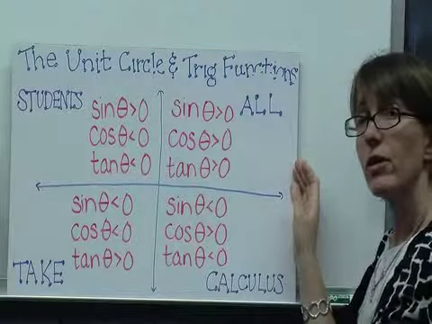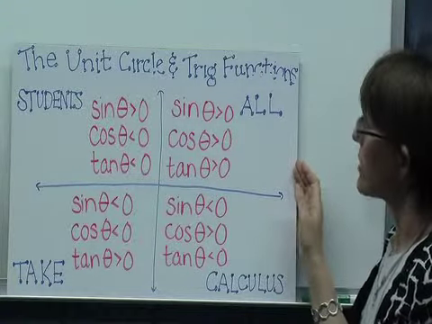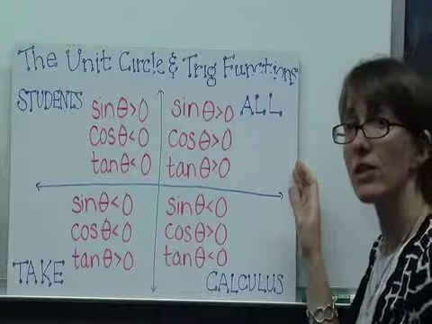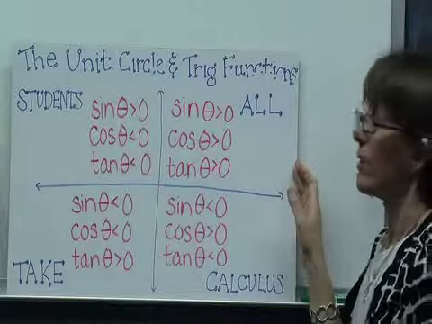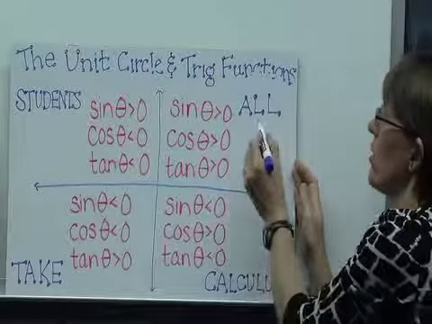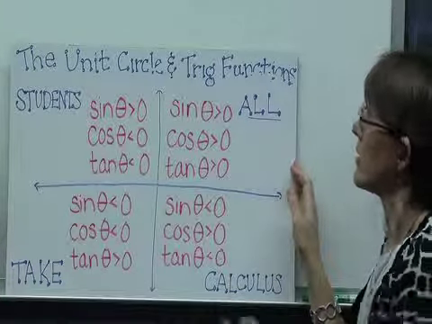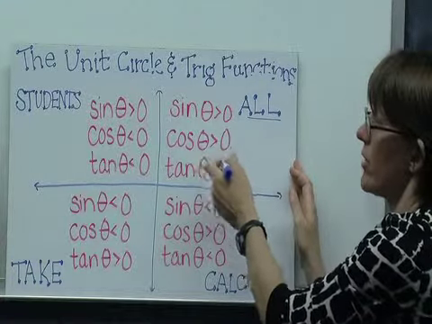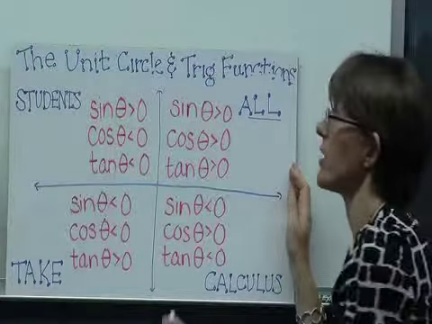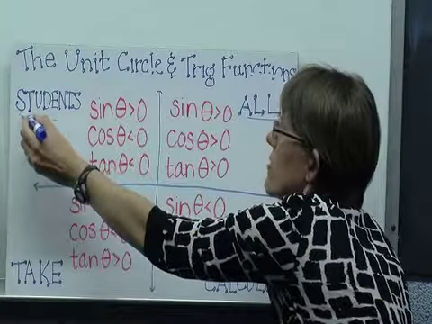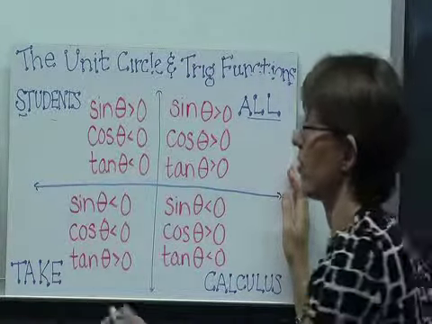Now we also may be asked to solve functions that are on the unit circle. So I just wanted to put this up as a reminder of function values in various quadrants. In the first quadrant, all the functions are positive. Sine of theta, cosine, and tangent of theta are all greater than 0. In the second quadrant, only the sine function is positive, but cosine and tangent are both negative.